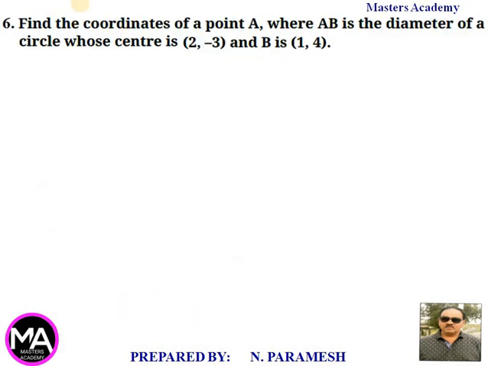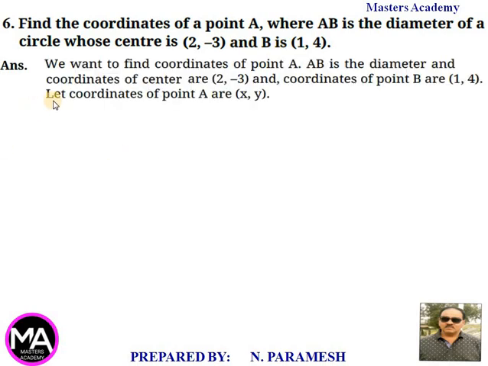Sixth question: find the coordinates of a point A where AB is the diameter of the circle whose center is (2, -3) and B is (1, 4). Answer: we know that AB is the diameter, the coordinates of the center are (2, -3) and the coordinates of the point B are (1, 4).